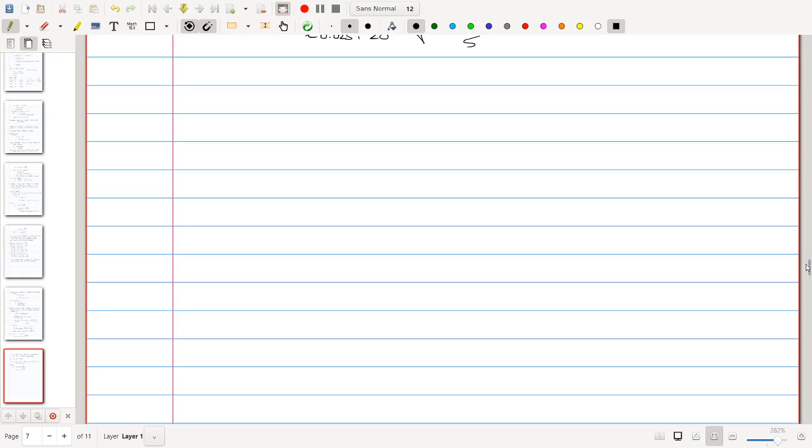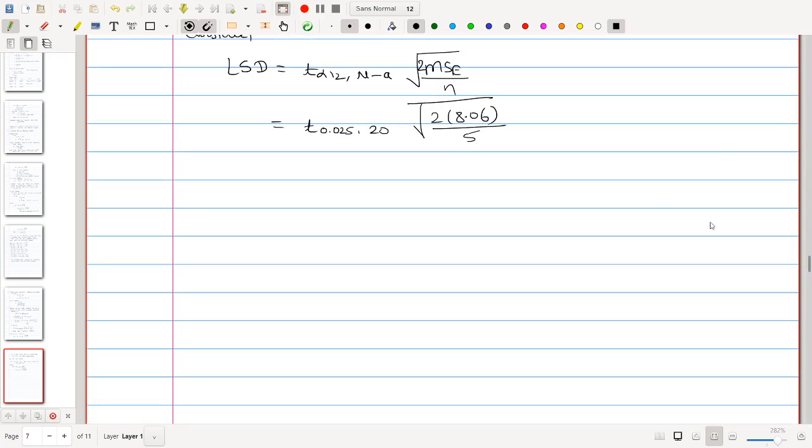This t of 0.025, comma 20 is obtained from the table of t distribution, and the value is 2.086. After solving, the square root part is 1.7955, and after multiplication of these two quantities, this will be 3.7455.